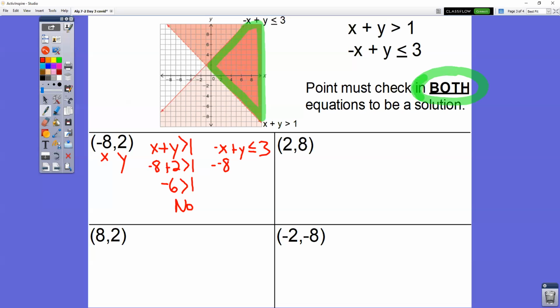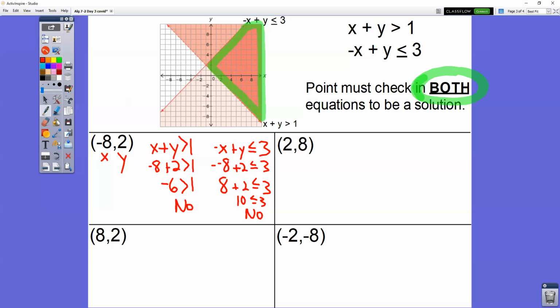A double negative is a positive, right? So this is really just a positive 8 here, plus 2 is less than or equal to 3. I have 10 is less than or equal to 3. Well, 10 is not less than or equal to 3. This is a no.